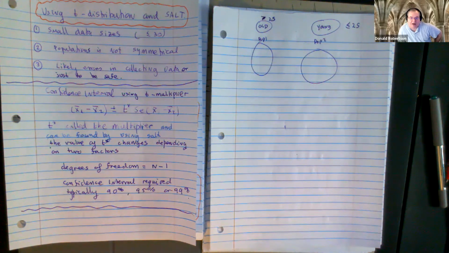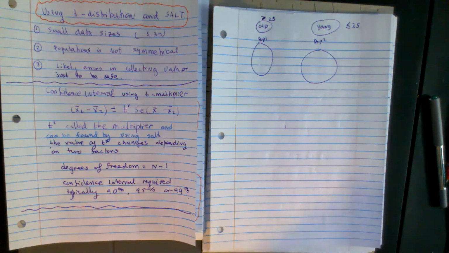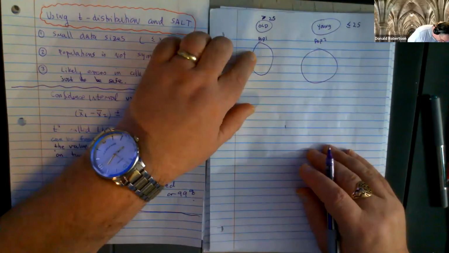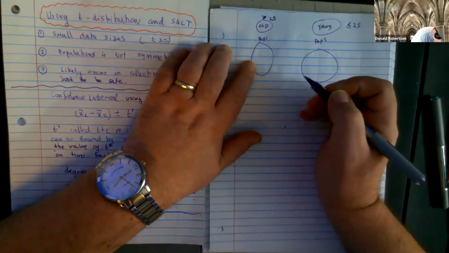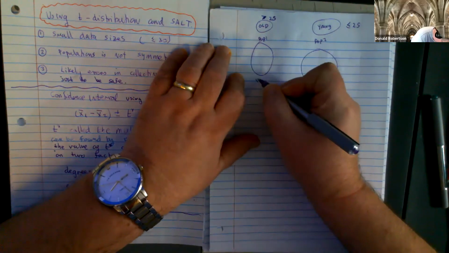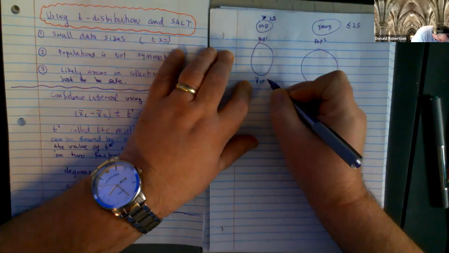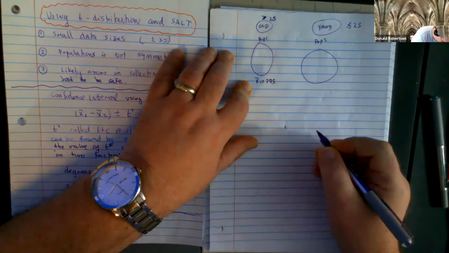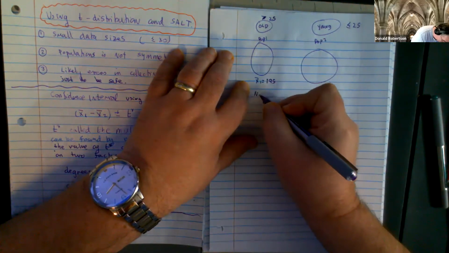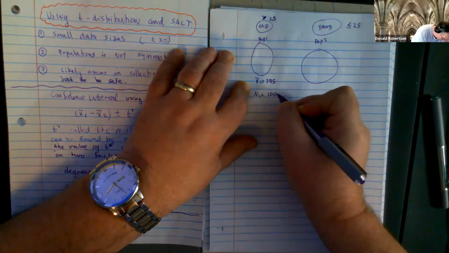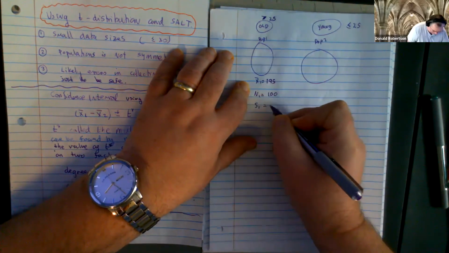We collected data on my group of old and young people, and we found that in the old group their average weight was 195, and I took a sample of 100 to get that, and the standard deviation was 15.